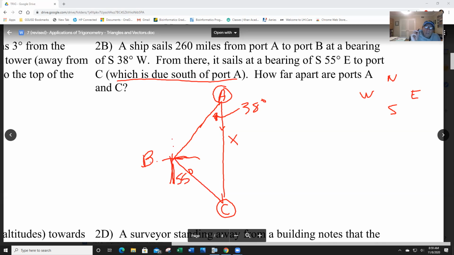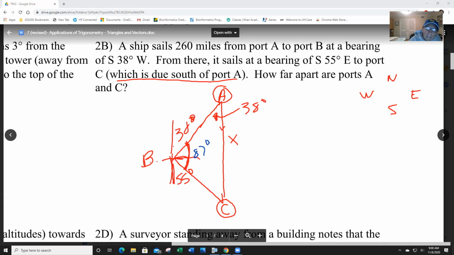The first thing you can kind of figure out if this is 38, so is this because of alternate interior angles. Okay. Now that makes this angle right here, and I'm going to change colors here just to help you out a little bit, that makes this angle here 87 degrees.